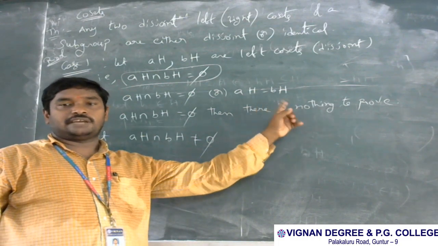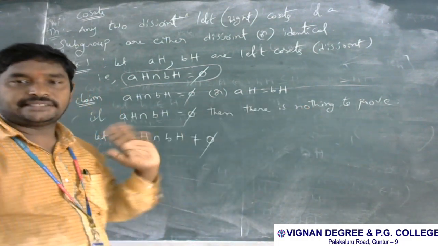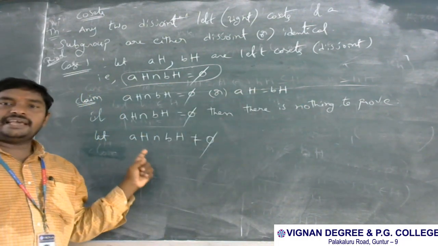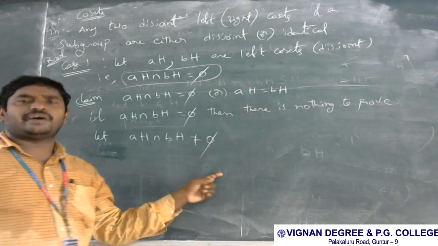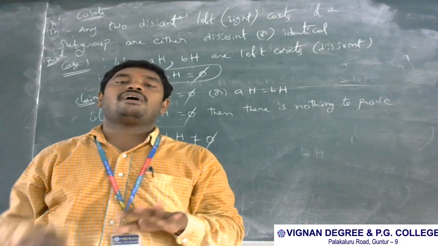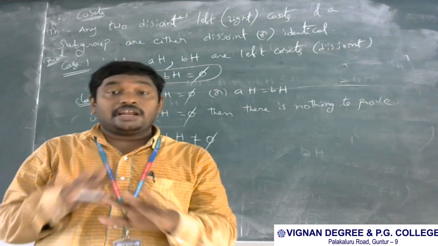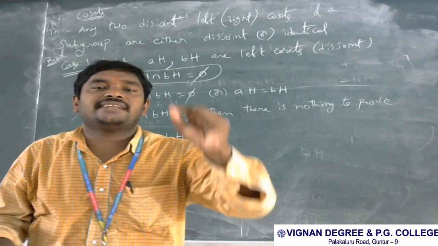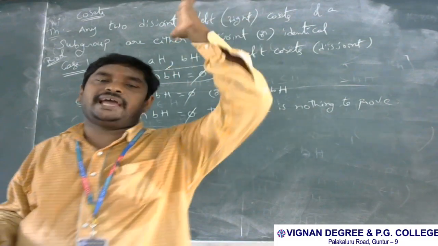Since AH intersection BH is not equal to phi, this is a non-empty set. Non-empty means it contains at least one element.